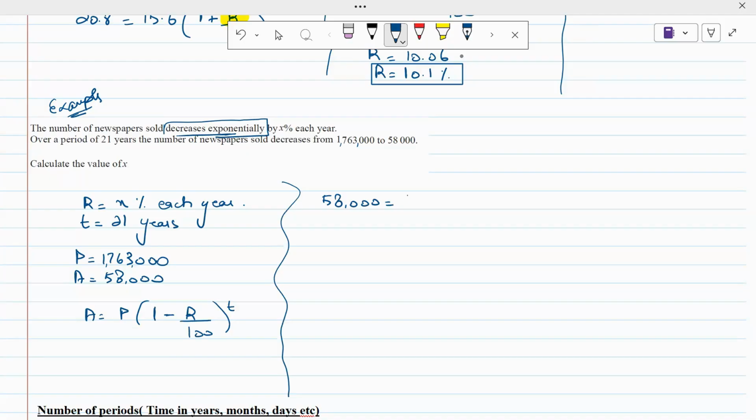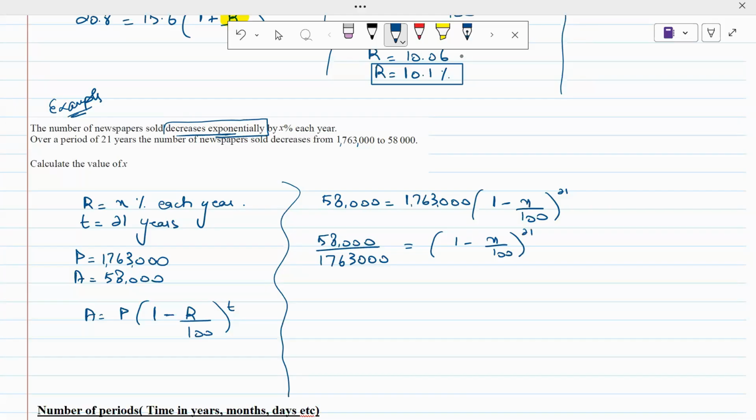Initial value was 1763000. 1 minus rate, which we need to find, that is X upon 100 whole power 21. So it would now be 58,000 upon 1763000 is equal to 1 minus x upon 100 whole power 21.